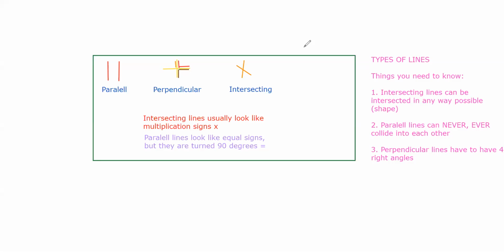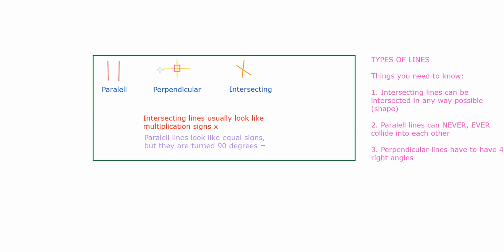And the way you can classify an angle, I'm just going to go over this briefly because my next video is going to be about angles. Another way to classify that they are 90-degree angles is to take those perpendicular lines and draw a square in the middle.